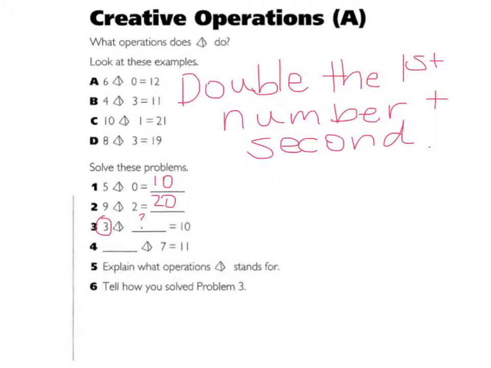Following our rule, this would be 3 times 2 plus, we'll give it a variable, we'll say A, equals 10. Well, we know that 3 times 2 is 6, so 6 plus A must equal 10.